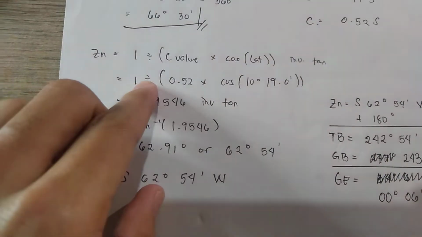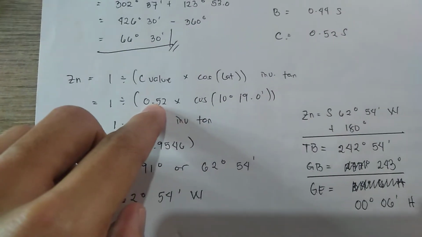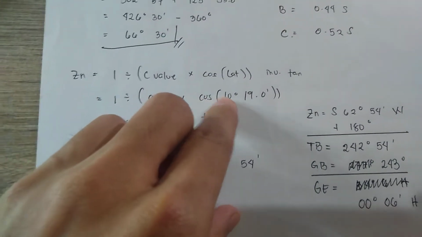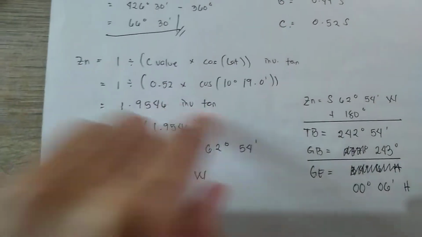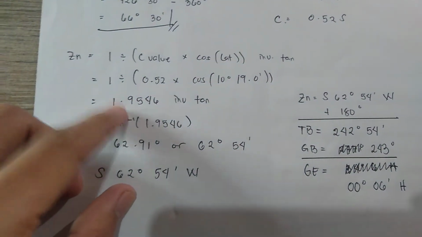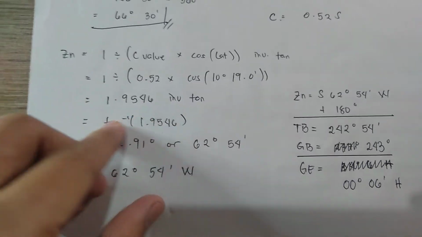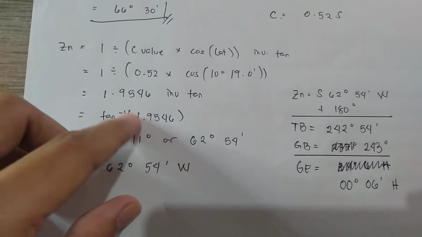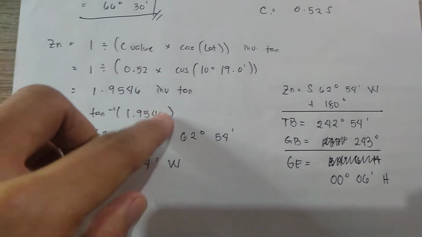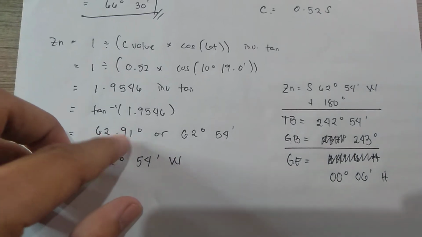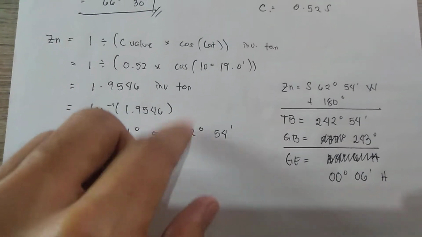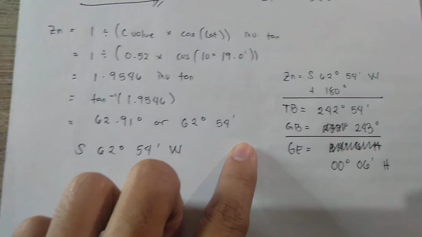So 1 divided by 0.52, which is C, times cosine of latitude 10 degrees 19 minutes, that would be 1.9546, and the inverse tangent of 1.9546 equals 62.91, or 62 degrees 54 minutes.